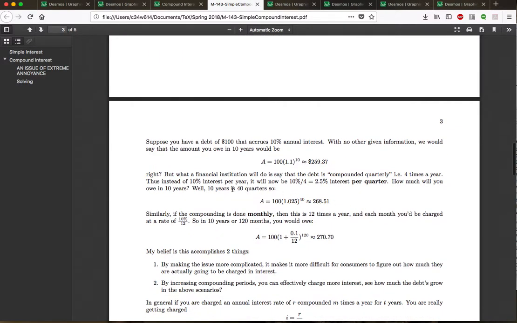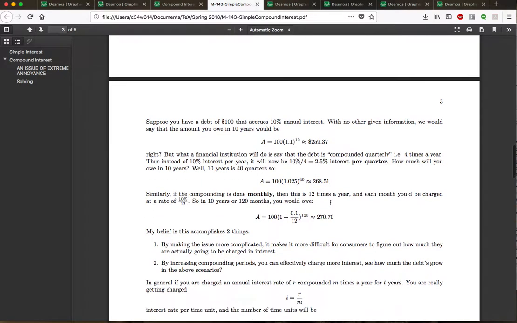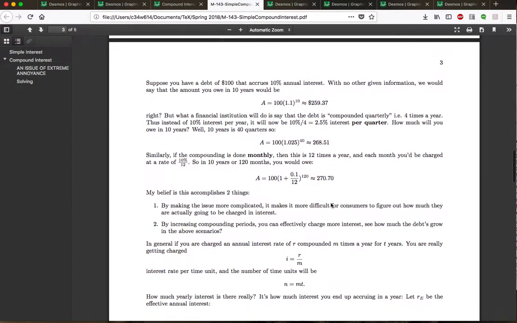So what's actually happening is you're paying a quarter of 10%, 2.5% interest 4 times a year. And so it's not really 10% a year, it's 2.5% every quarter year. So in 10 years, you're only getting charged 2.5% interest per time unit, but now that's 40 time units. So you end up owing a lot more money.